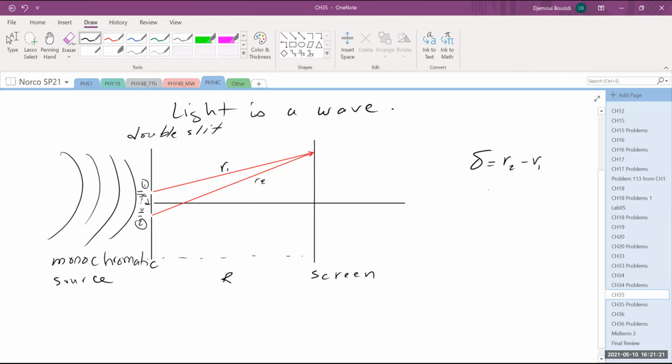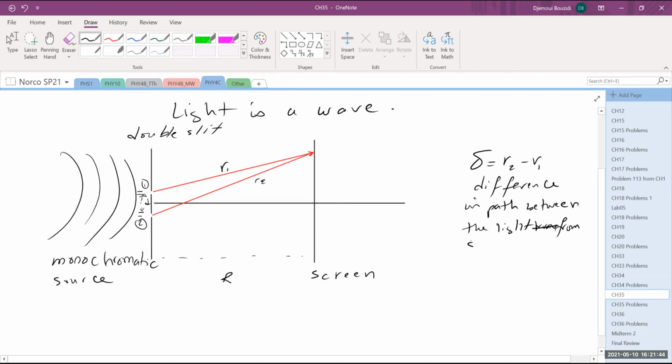So this is the difference in path taken between the light traveling from source 2 and source 1 at point P. I'm going to call this point P. It is some distance from the middle axis, which I'm going to call Y, some coordinate Y.